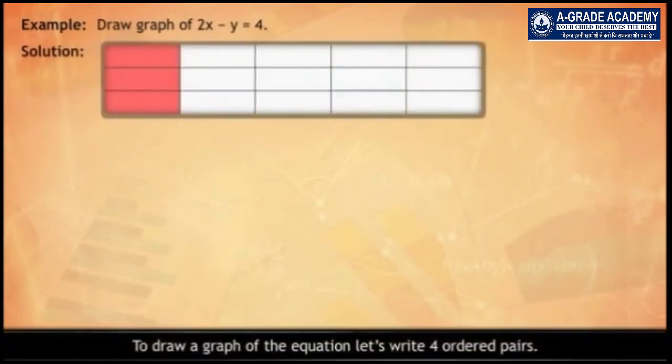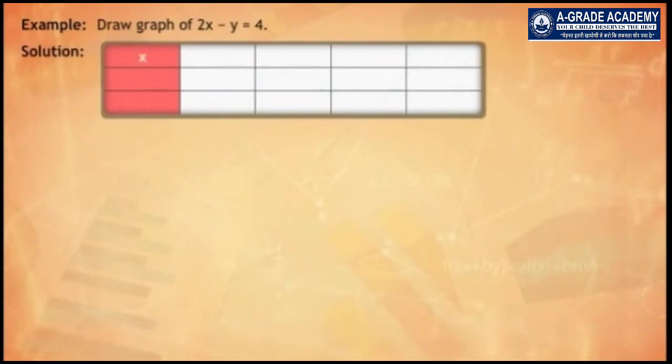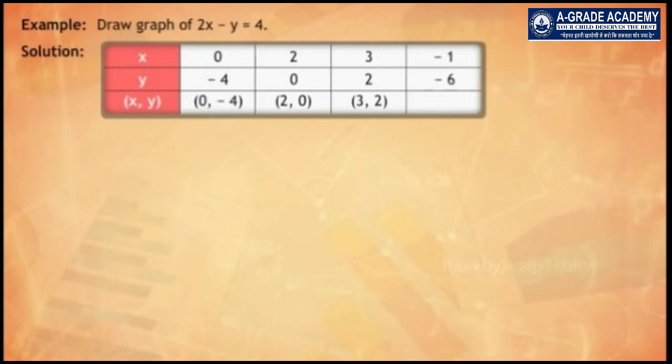To draw the graph of the equation, let's write 4 ordered pairs. x is 0, y is minus 4, (x, y) is (0, minus 4). x is 2, y is 0, (x, y) is (2, 0). x is 3, y is 2, (x, y) is (3, 2). x is minus 1, y is minus 6, (x, y) is (minus 1, minus 6).